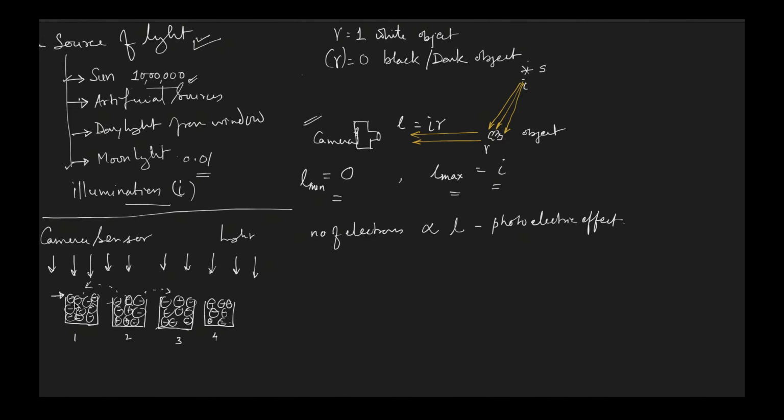This is a slight digression from the subject, but can you tell me what will decide how much maximum number of electrons, that means how much maximum light entering the camera system the sensor can handle? What will decide? So the area under which the light falls. The area under which the light falls is roughly the same, like the size of the sensor.